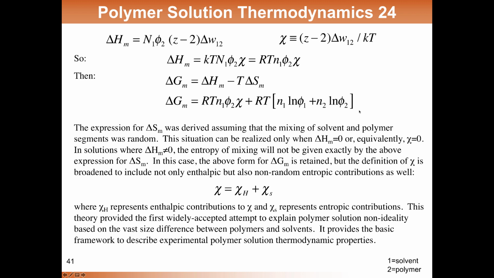And so this was a criticism of the Flory theory, and there have been various attempts to modify this expression to account for the non-random mixing that would come about if you have a delta H of mixing, if you have differences in the energy of interaction between solvent and polymer.